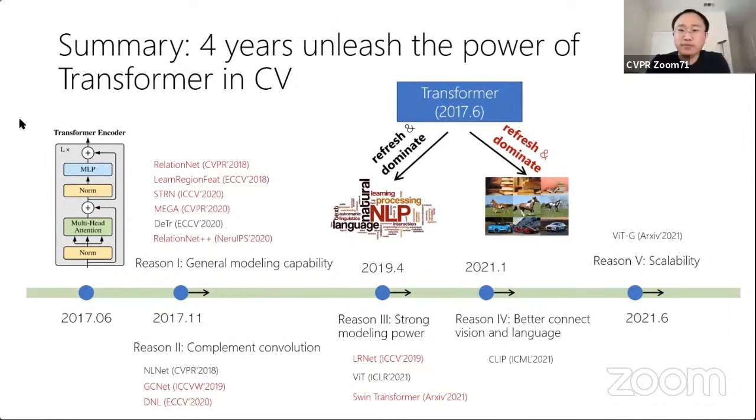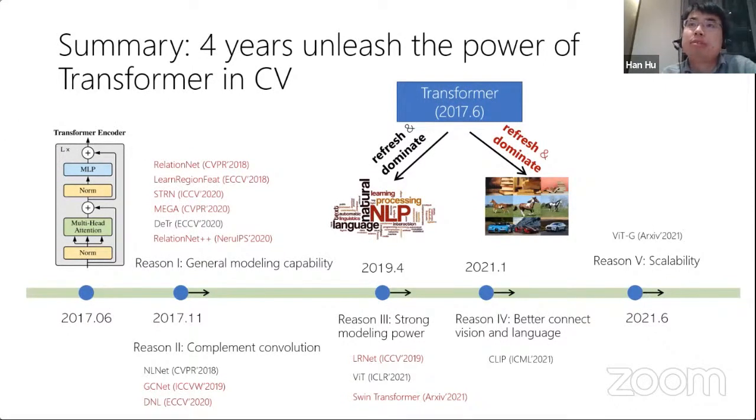Okay. So there are also two questions from the Zoom. The first one is, can we say multi-head self-attention is equivalent to or a better combination of large kernel convolution plus dynamic convolution and group convolution? Yeah, I partly agree with your viewpoint.